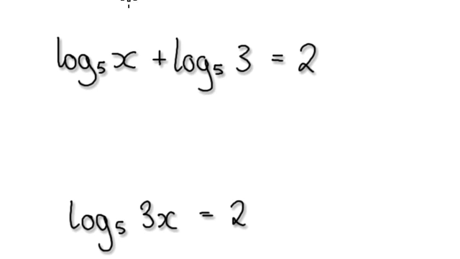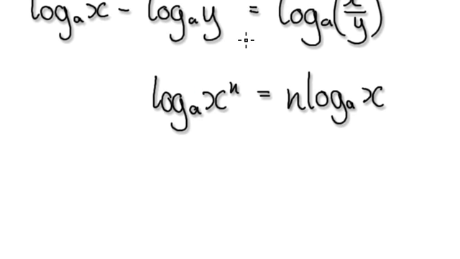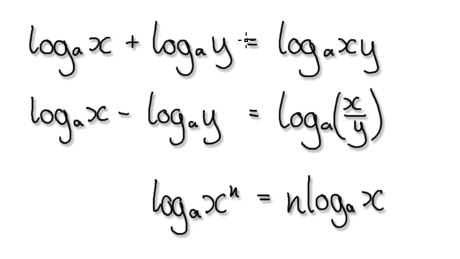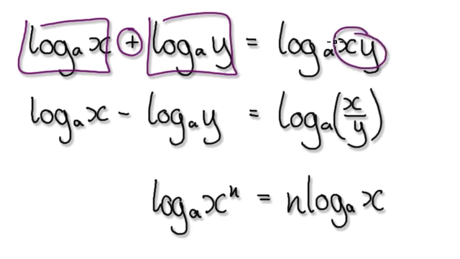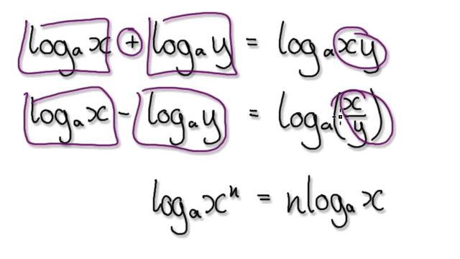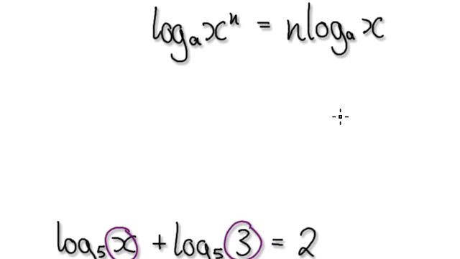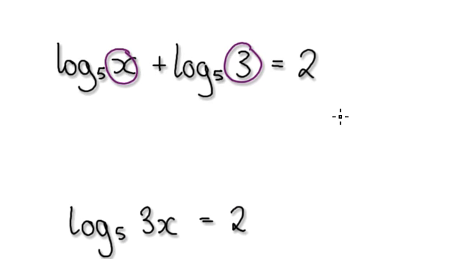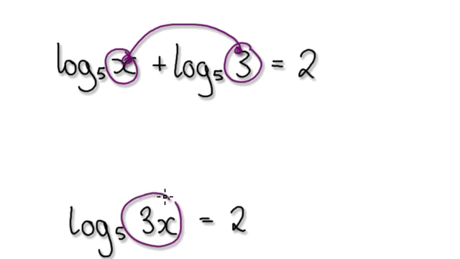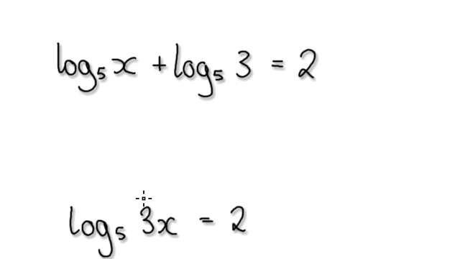When you have a plus, you multiply these two together. Whenever you take away, then you get one divided by the other. Well, here you've got a plus, so you can merge the 3 and the x together. That will then give you this, and then now translate this.